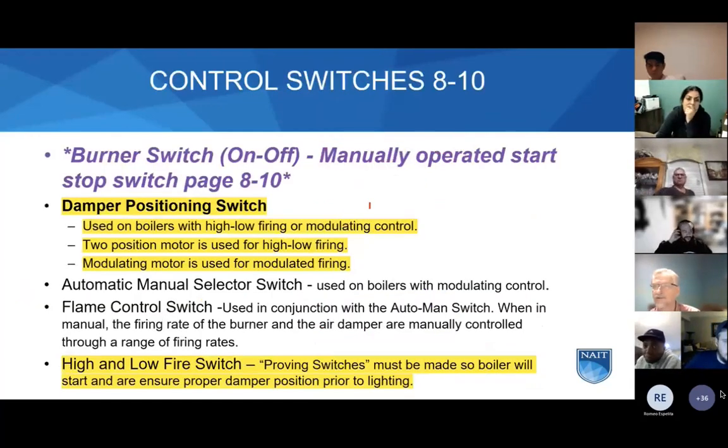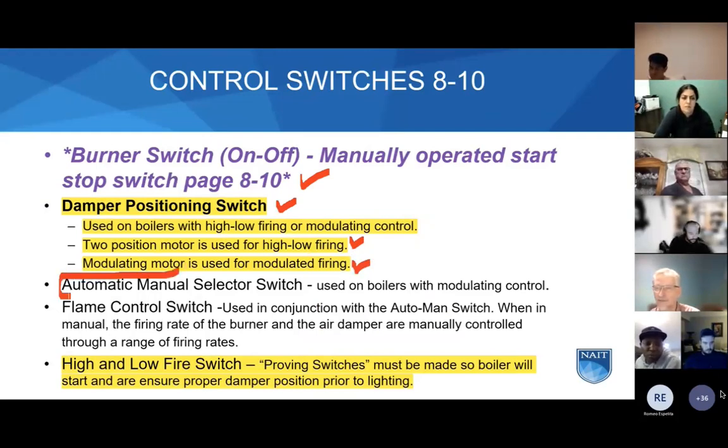Burner switch, some stuff about on-off manually operated switches. We looked at that, we talked about that. There's also something called a damper positioning switch if we have high-low firing or modulating control, to position for high-low or modulated in that kind of control system.